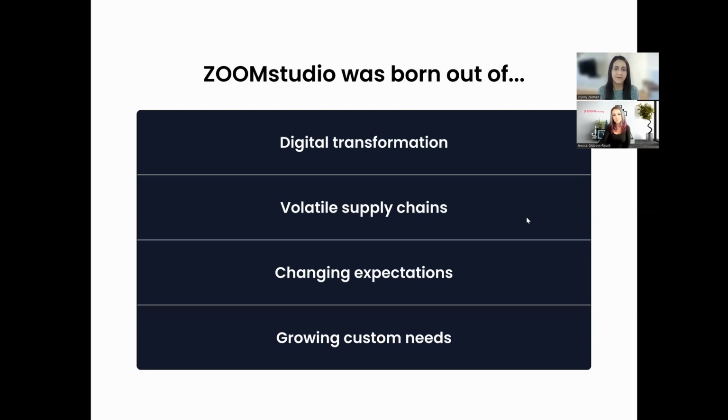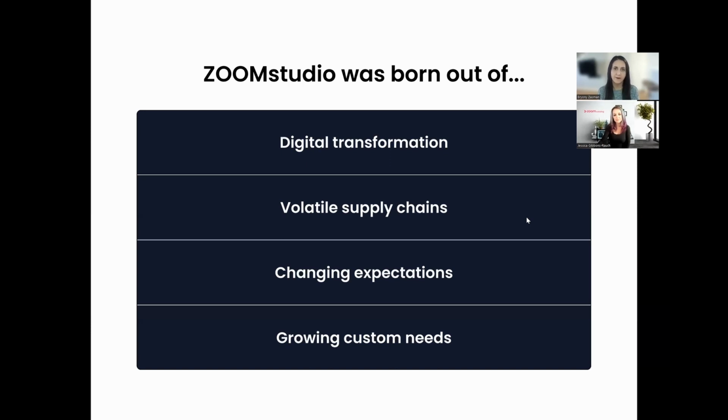And then lastly, growing custom needs. When we launched Zoom Catalog, the initial concept was to get suppliers' catalogs online. It was the catalogs they were printing and shipping, but over time, suppliers started to create content that was digital only. Then we introduced Zoom Custom, which allowed distributors to put their branding and contact information on these pieces.